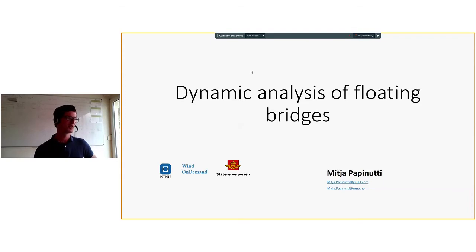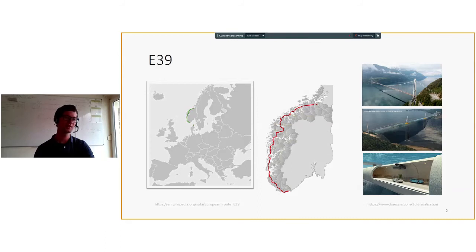I was here as a postdoc researcher where we did some interesting work on the topic of wind, and it all is actually a part of the E39 project, where a series of projects have been launched on how to cross and how to build the motorway in E39 in western Norway. And this brings some challenges due to the wide and deep fjords.